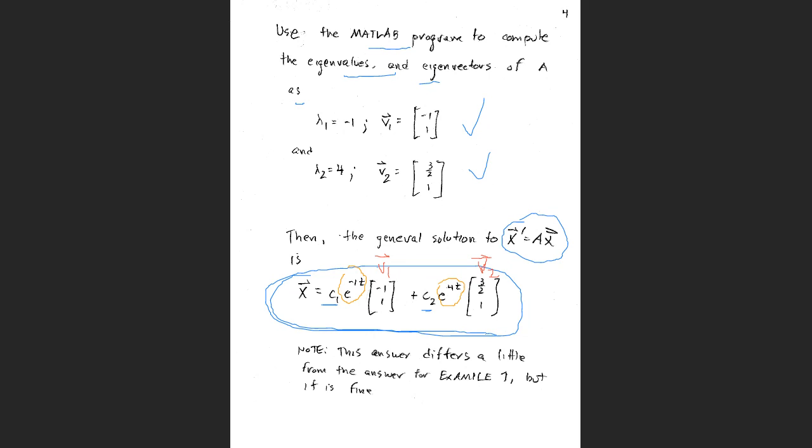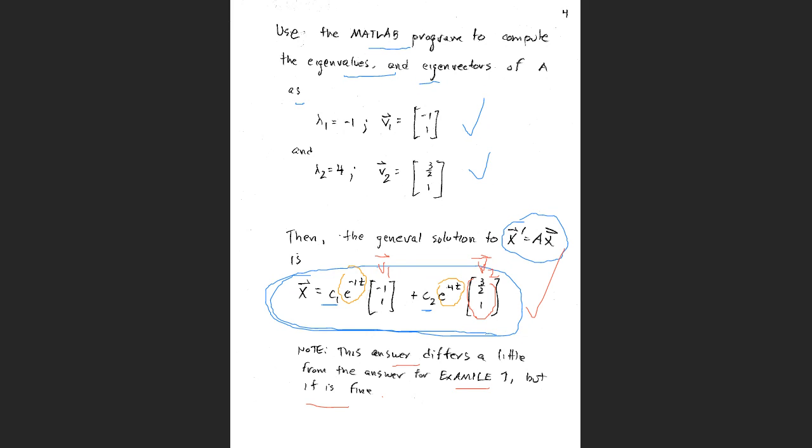Now this answer here differs a little bit from the answer for example 1, but it should be fine. WebAssign should accept it. For this second eigenvector, instead of 3/2 and 1, the textbook has 3 and 2 as the components.